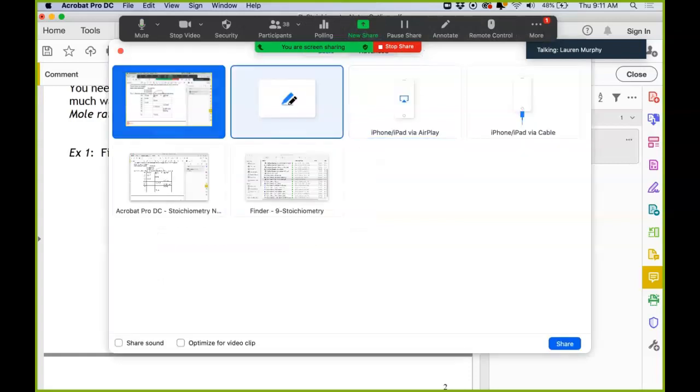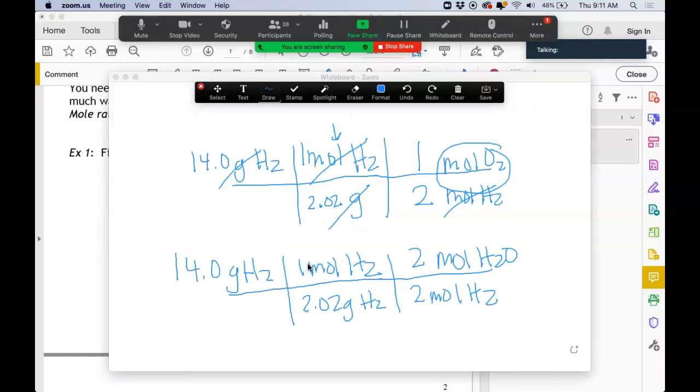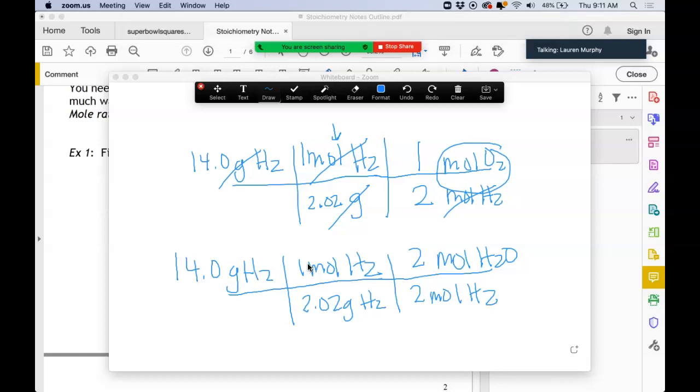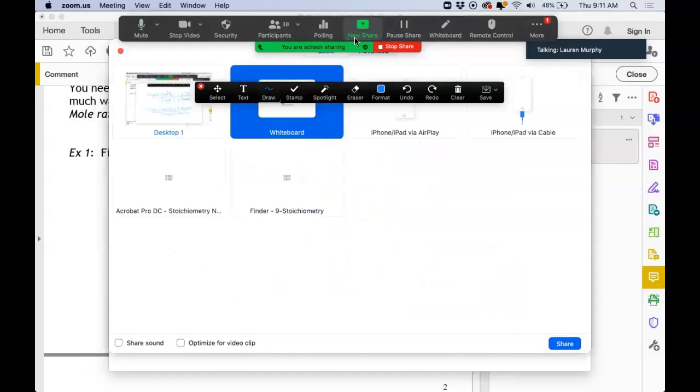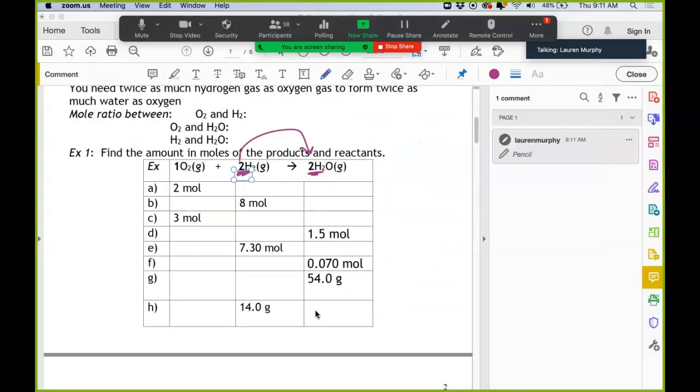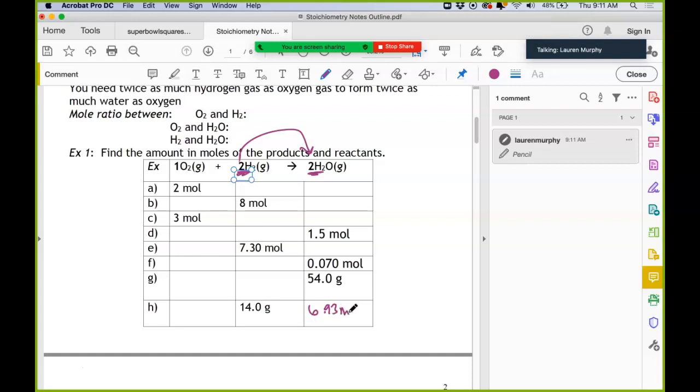So 14 divided by 2.02 times 2 divided by 2. So this in essence is a 1-to-1, right? This does nothing. So this number ends up being 6.93 moles.